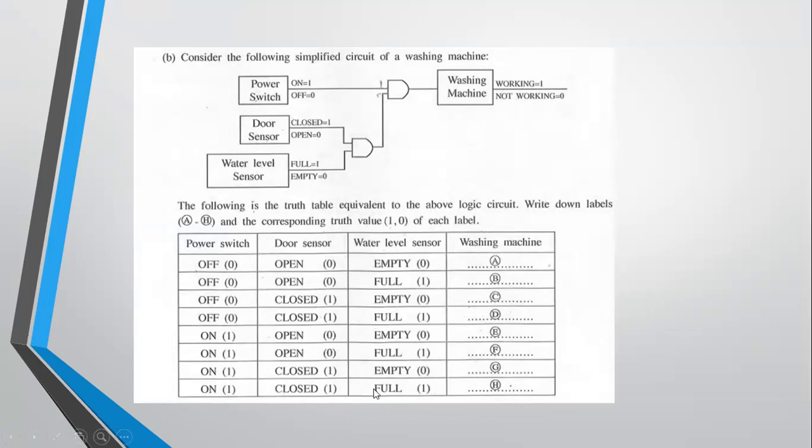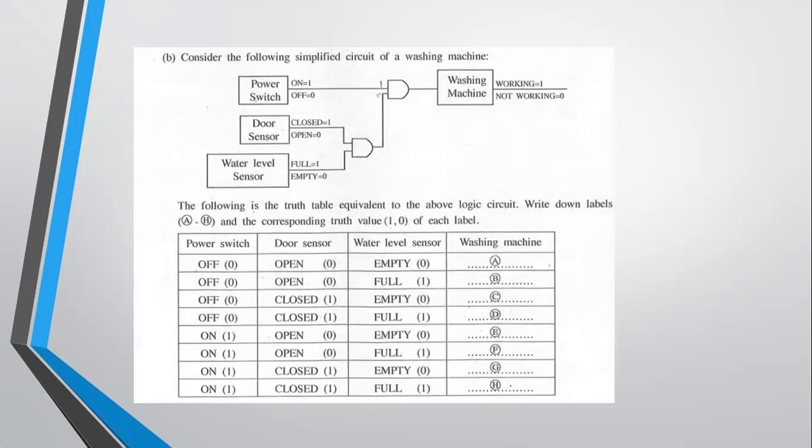And the last one is the only situation where the machine is working. As both are AND gates, the H entry, power switch on, door is closed, and the water level sensor is full, then the washing machine is working. So H becomes 1. The output is like this.